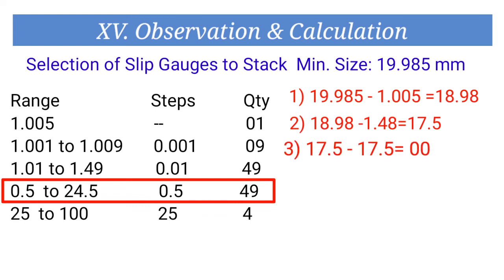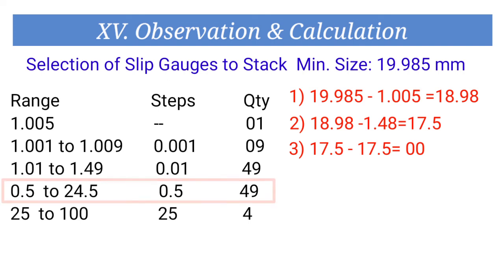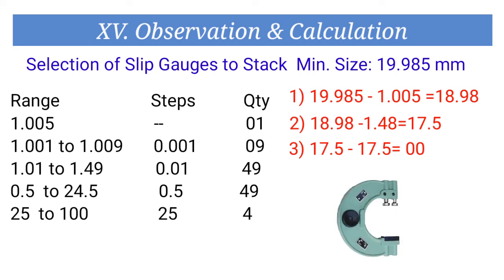As the last digit is 0.5 mm, from the given set, from the step of 0.5 mm, select the slip gauge of dimension 17.5. After subtraction, the remainder is 0. Thus we select the three slip gauges having dimensions of 1.005, 1.48 and 17.5. By the ringing process, stack up the slip gauges and set the no-go end.